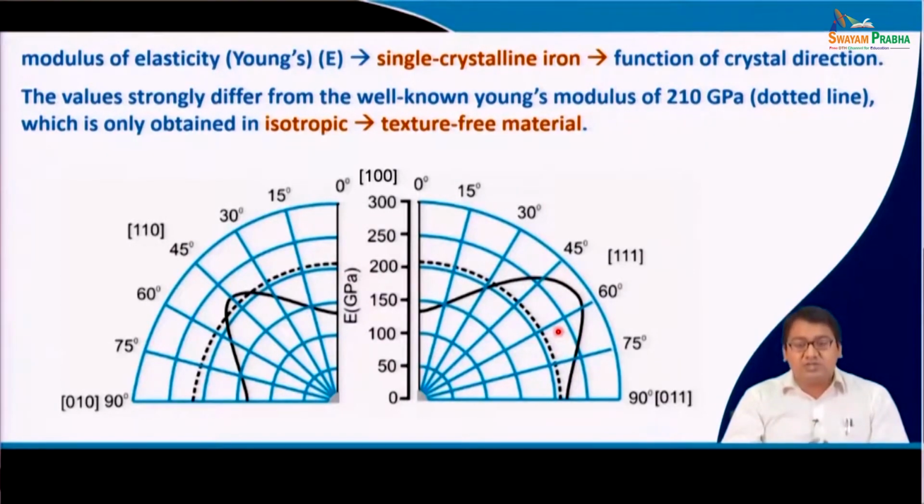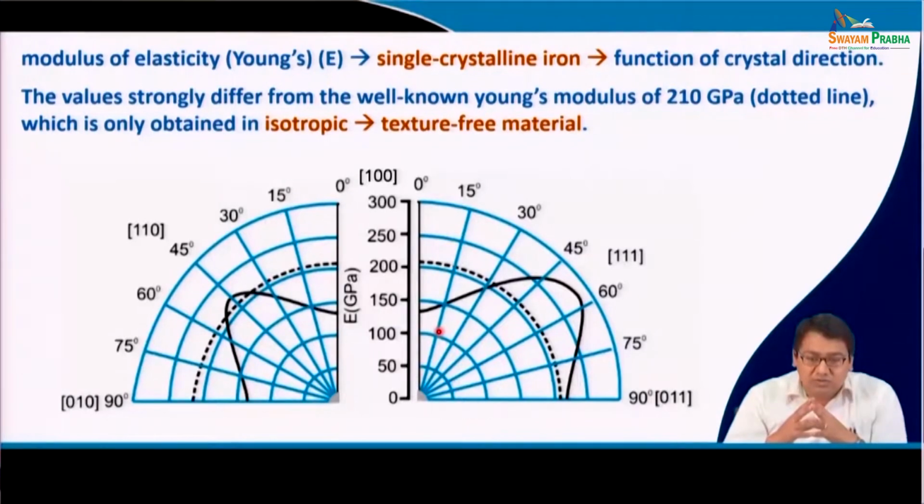So, the bond strength of the material is higher along 111, then slightly lower in case of 110, and then much lower in case of 100, and thereby you can see that in case of BCC material, the 111 direction has the highest modulus of elasticity, whereas the 110 direction has a medium and the 100 directions have the lowest modulus of elasticity.